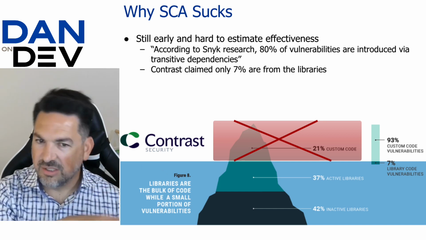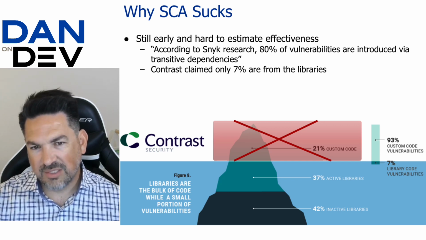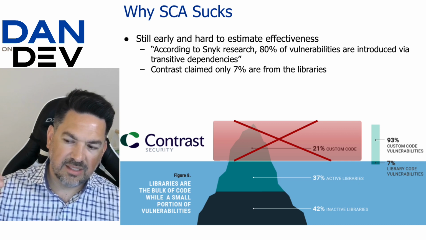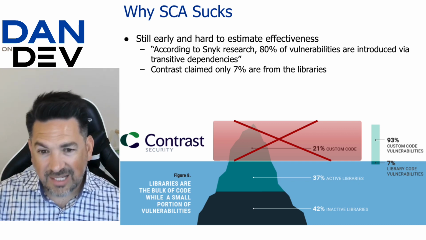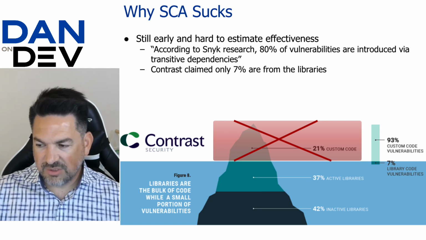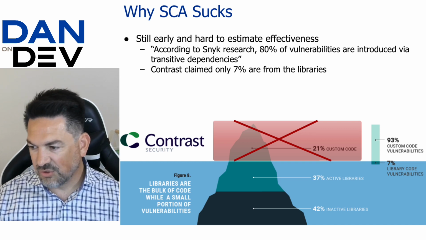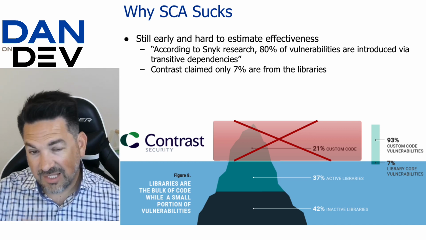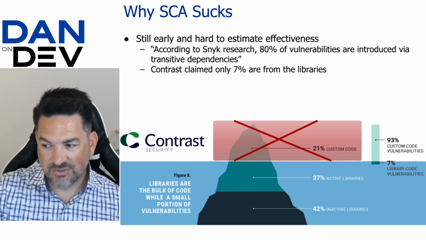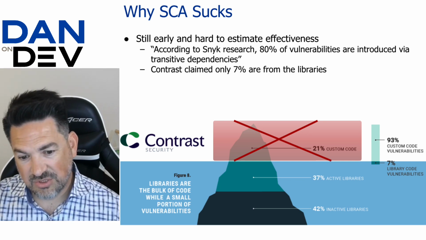Again, this is according to Contrast, so those are their numbers, so take it with a grain of salt, but let's look at this as a concept. 42% of the libraries are actually inactive, not actually being used, so they don't actually matter. If you look at the vulnerable code, there's that 7% from the libraries, and they're claiming that 93% of the vulns are actually coming from your custom code, because that's where the actual custom work is, as I mentioned earlier.